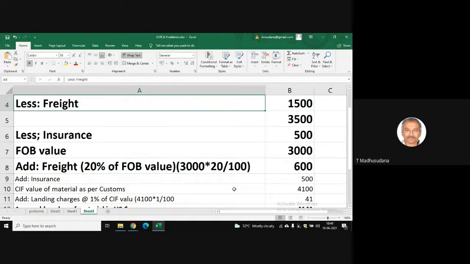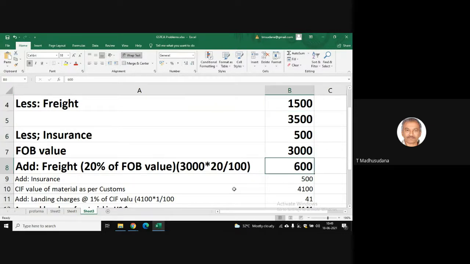But how much freight did we deduct from the CIF value? 1500 we deducted, because that's the actual freight. But here only 20% we have added. That means 900 US dollars has reduced the value of CIF.